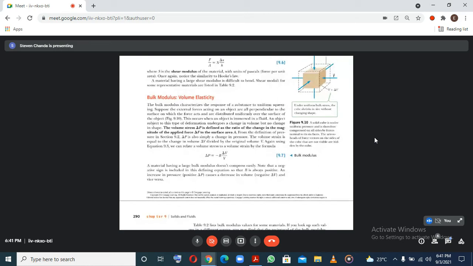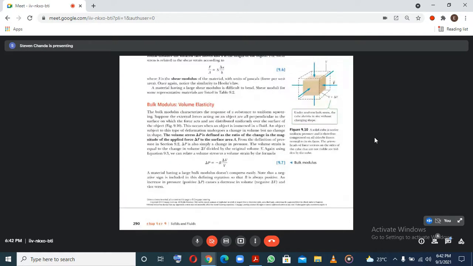So the volume stress is defined as the change in the magnitude of the applied force to the surface area, which is the same as the change in the pressure.